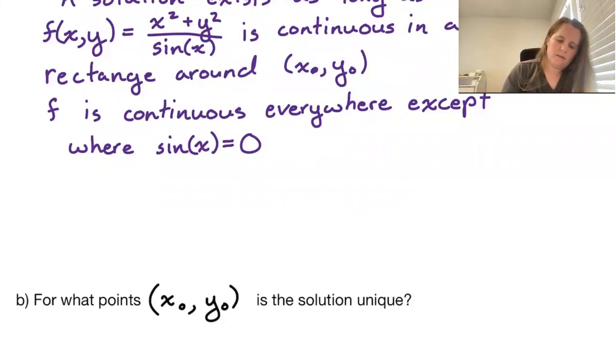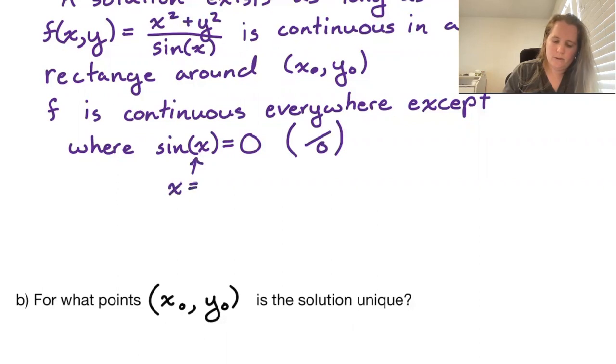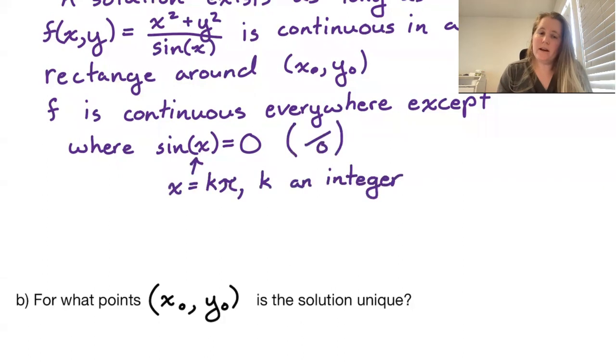Again, this would result in us dividing by 0, which we can't do. So sine of x equals 0 happens when x is equal to k times pi, where k is an integer. And this is the only place where f is not continuous. So f is continuous everywhere else.